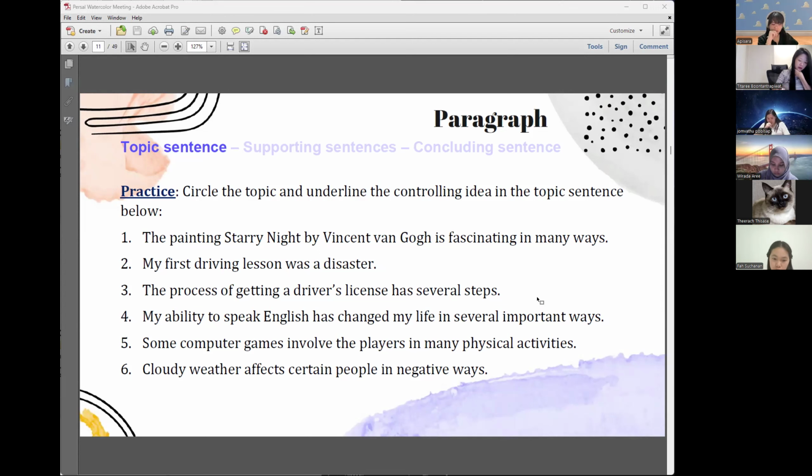So you have time to identify the topics and controlling ideas for each topic sentence.